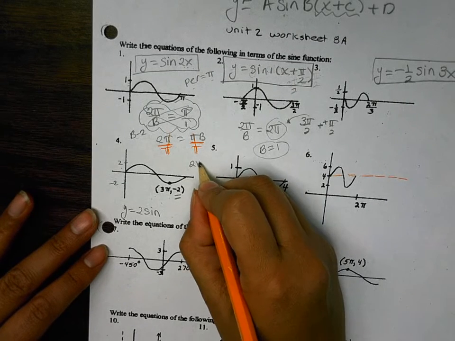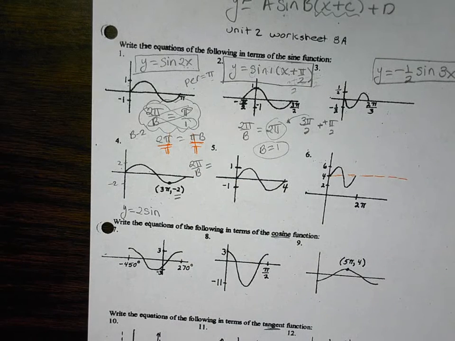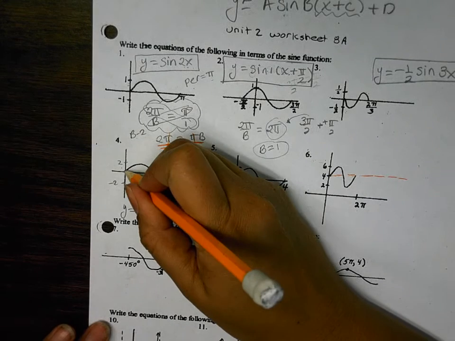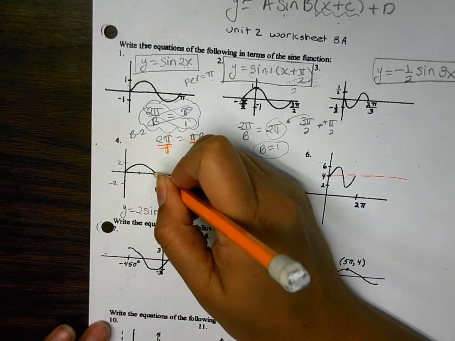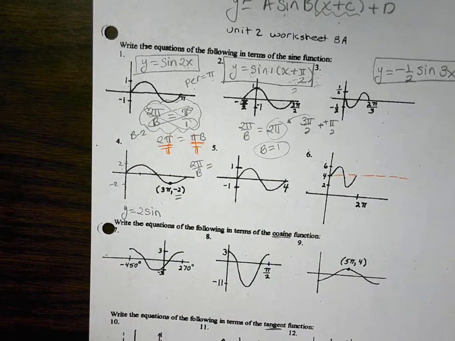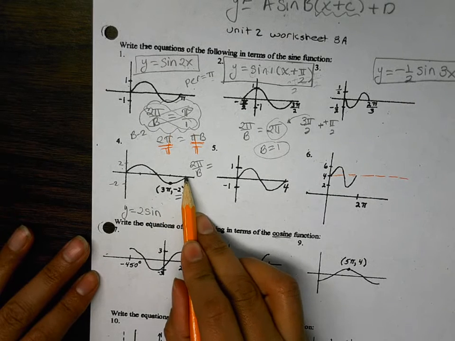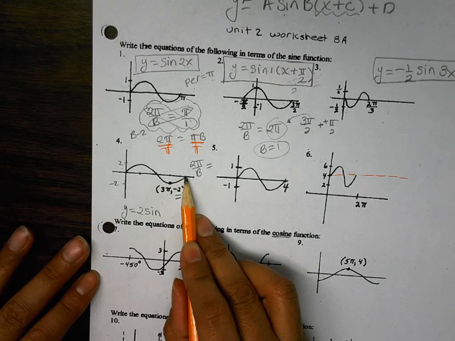2 pi over b equals the period length. Is the period length 3 pi? No. Okay. First key point, second key point, third, fourth, fifth. Can anybody figure out the pattern on what these are increasing by, which would make this what? 4 pi.